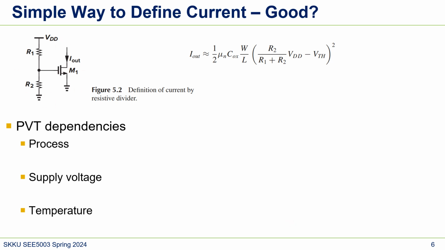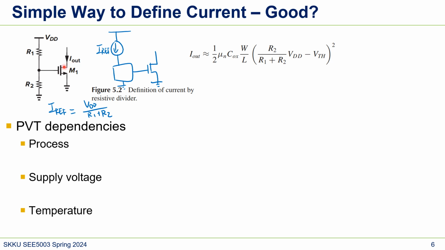In the previous slide, what we wanted was IREF and some mirror circuit like this, right? So in this case, IREF corresponds to VDD over R1 plus R2.